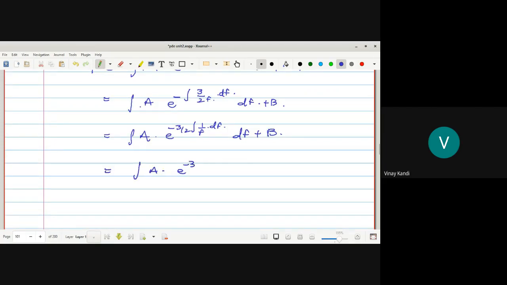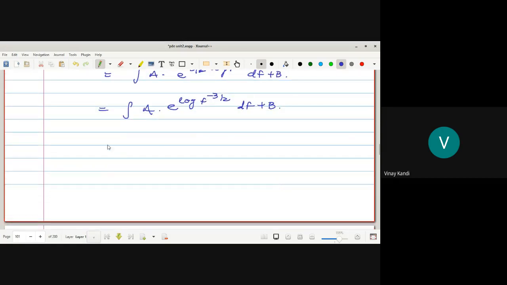Integration of a into e raised to minus 3 by 2 log of f, df plus b. Now here, on top of this, e raised to log x becomes x, so it becomes f raised to minus 3 by 2. Do you understand how? e raised to log f raised to minus 3 by 2 into df plus b. Now e raised to log x is x.